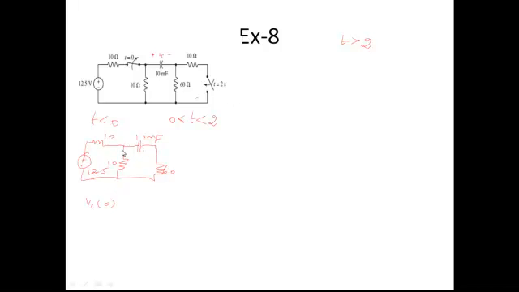If the capacitance acts as an open circuit, the 60 ohm resistance will disappear. Under that case, the voltage appearing across this 10 ohm resistance is the voltage appearing across the capacitance also. You can see both are 10 ohm resistances, so by the voltage division rule the total voltage will be equally divided among this resistance and this resistance. Therefore, Vc of 0 can be written as 6.25 directly.